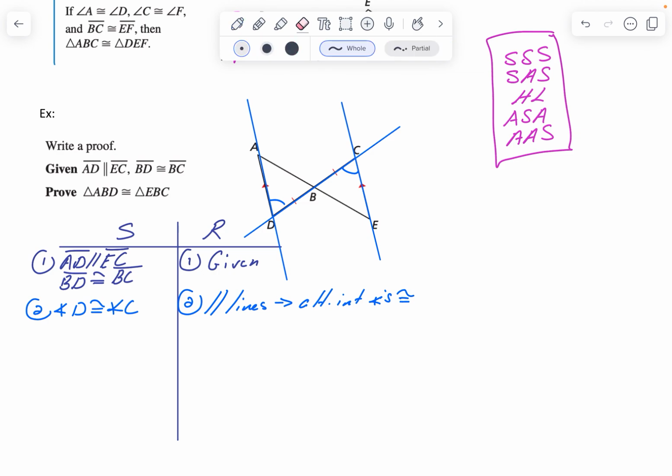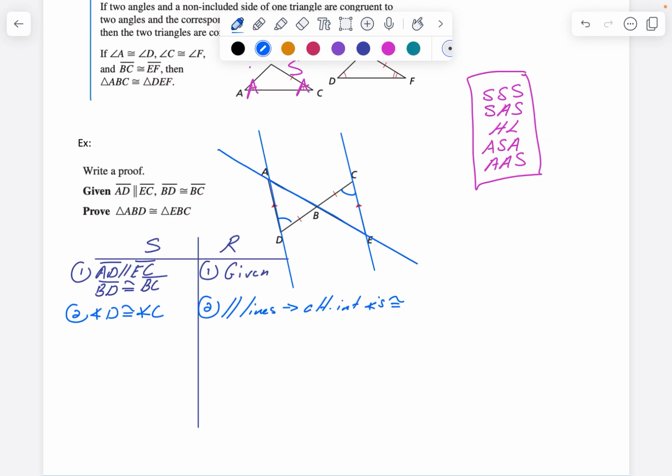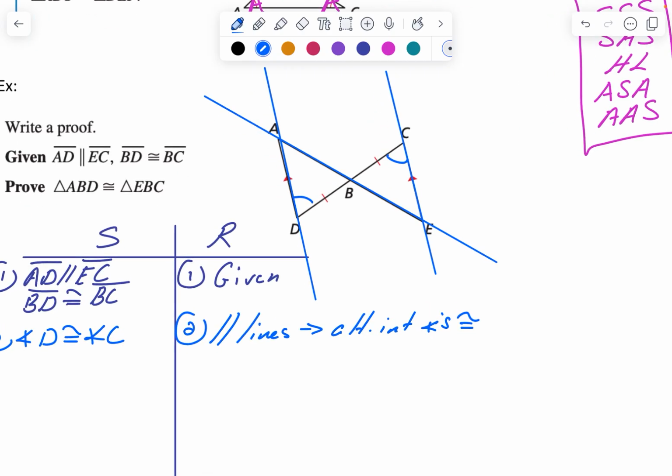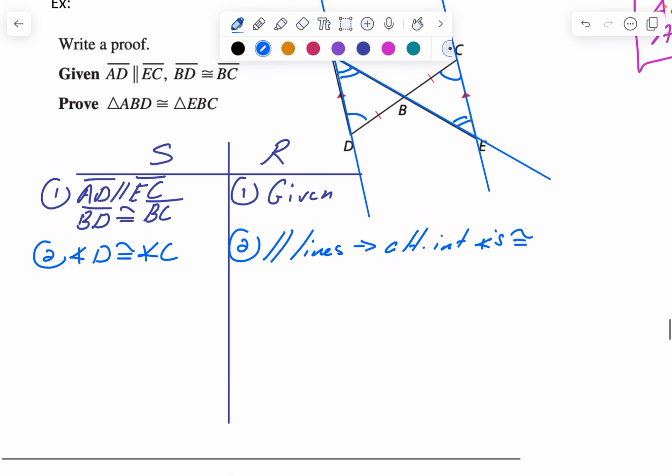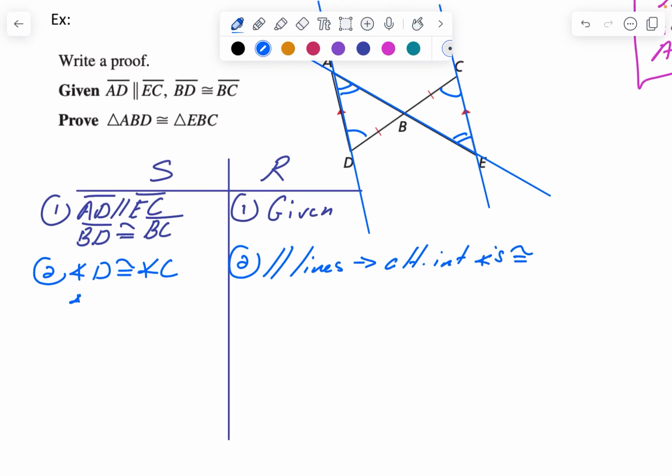Now, instead of that one, I'm going to take away that one, and now let me highlight this line as the transversal. And now, with the parallel lines and transversal, see how this one and this one would be congruent? And so it actually could be the same reason. We could have angle congruent to angle E, and it's still the same reason. Parallel lines, alternate interior angles congruent.